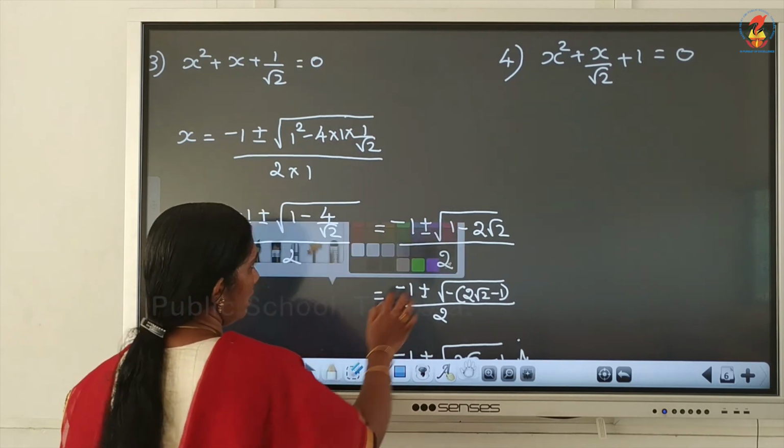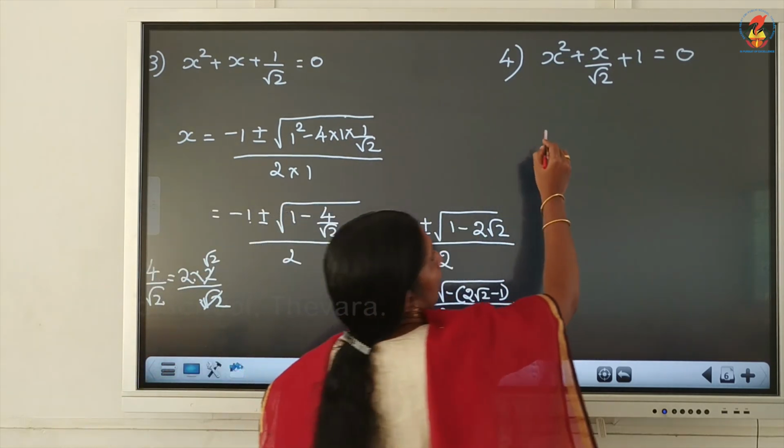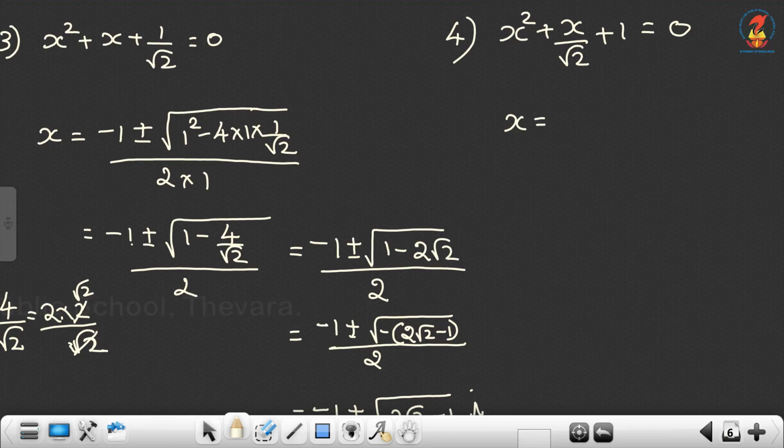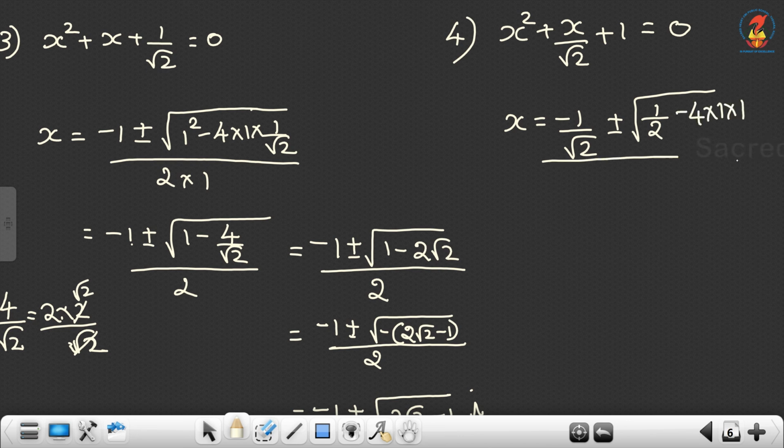Now the fourth one, x is equal to minus b. Minus b means minus 1 by root 2 plus or minus root of b square, that is 1 by 2 minus 4 into 1 into 1 by 2.